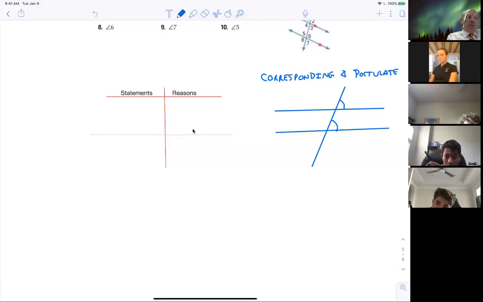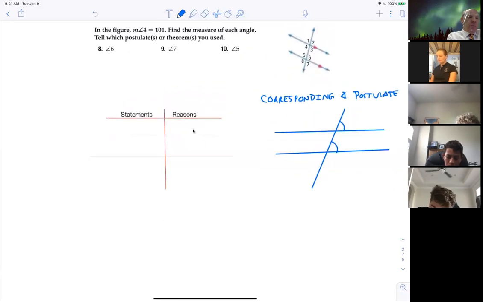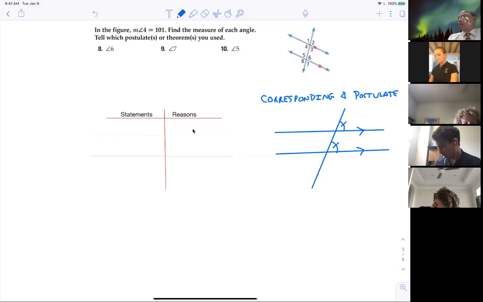Corresponding angle postulate says if two lines are parallel, then the corresponding angles are what? Are congruent.